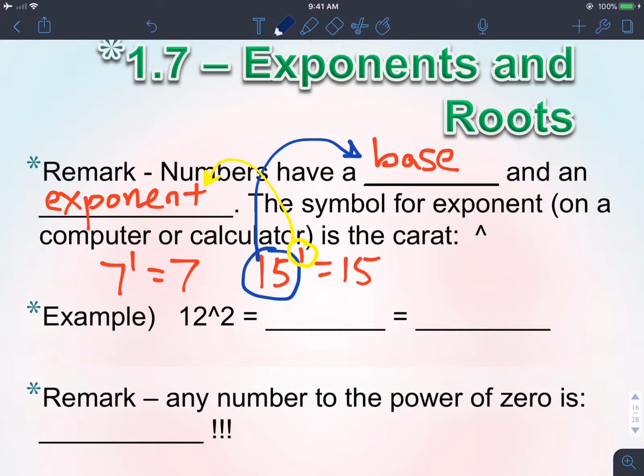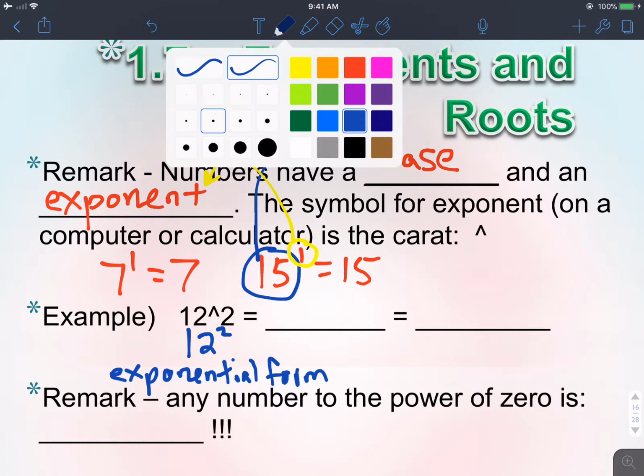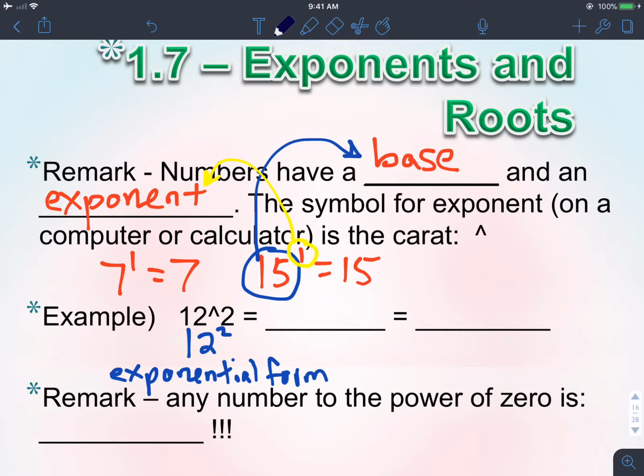They're going to give you terms again. This can be written as 12 squared. So we're going to call that exponential form. You could also write it as 144, 12 times 12.